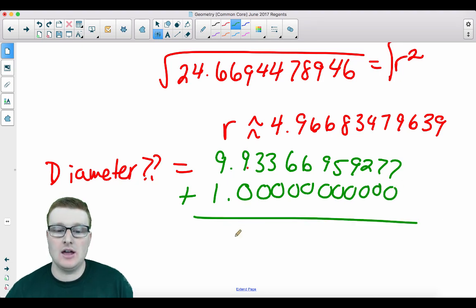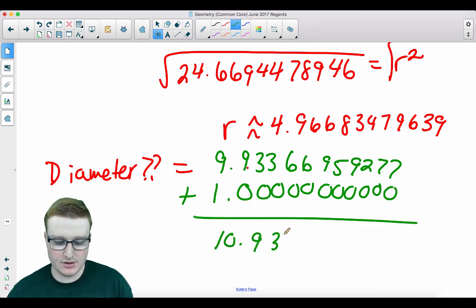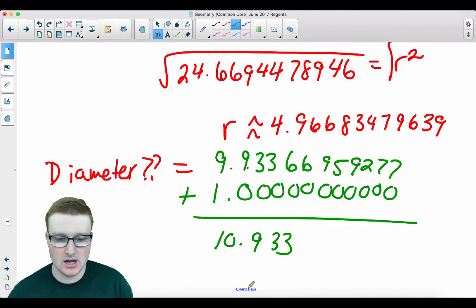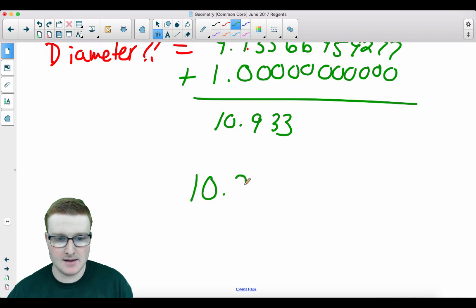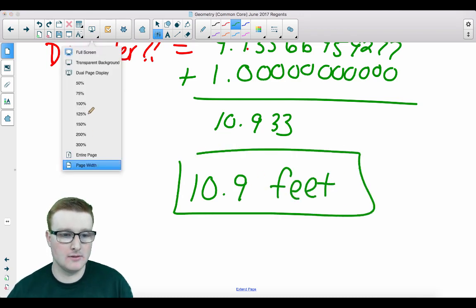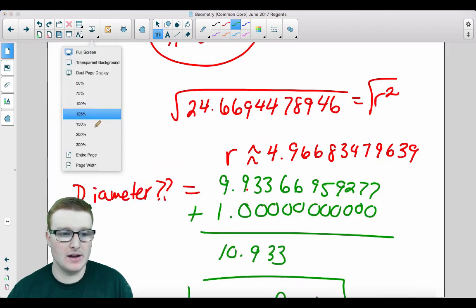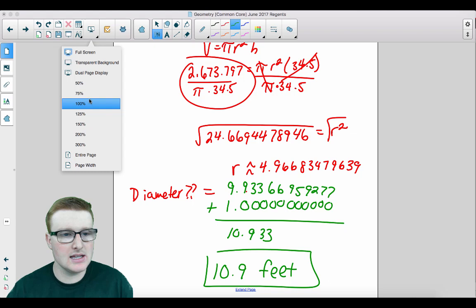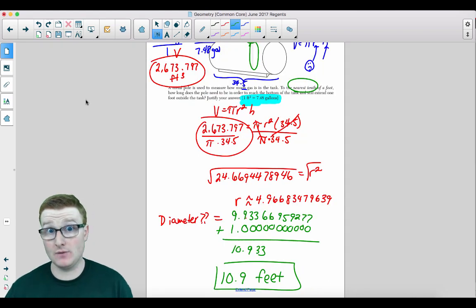Add that up, we get 10.933. They want it to the nearest tenth of a foot. That, ladies and gentlemen, is 10.9 feet, and that is the length of the pole to the nearest tenth of a foot. Man, was that challenging. I thought that was a ridiculously difficult question.